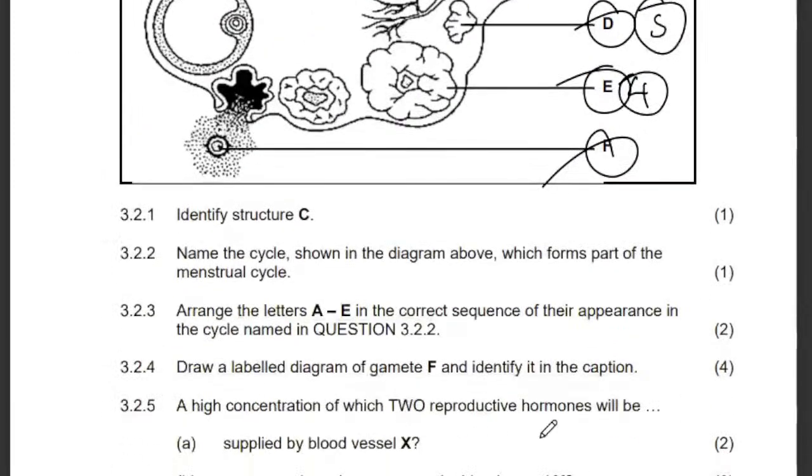Draw the diagram to show the female gamete and identify the captions. Basically, here is the ovum, with the gel-like layer, the jelly-like layer, and then the membrane, which is called the cell membrane, and then the nucleus inside and the cytoplasm there. So: cytoplasm, nucleus, cell membrane, then gel-like layer. Don't talk about zona pellucida or zona radiata.